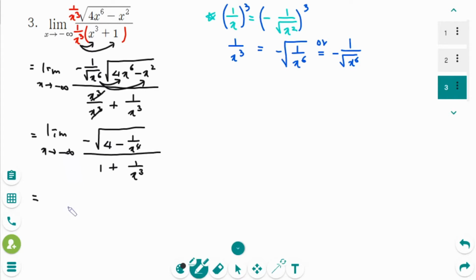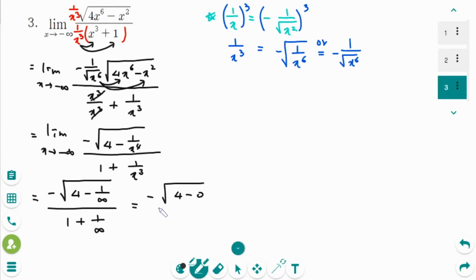And then put minus infinity into x, over 1 plus 1 over infinity. So minus square root of 4 minus 0 over 1 plus 0. So minus square root of 4 is 2 over 1. So you get minus 2, which is the answer.